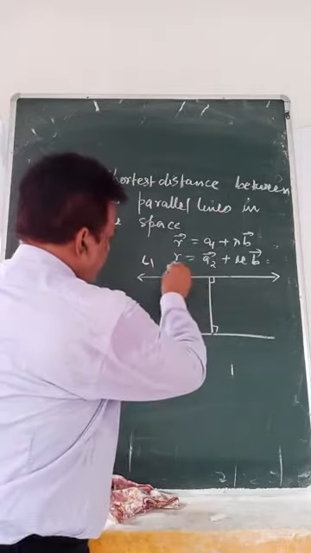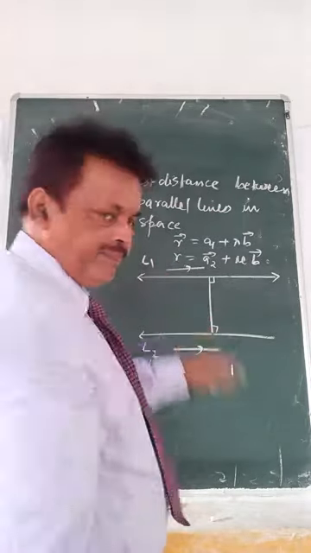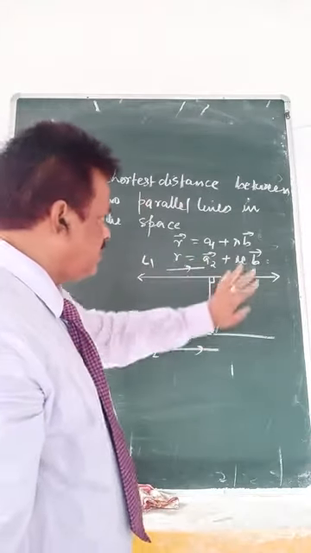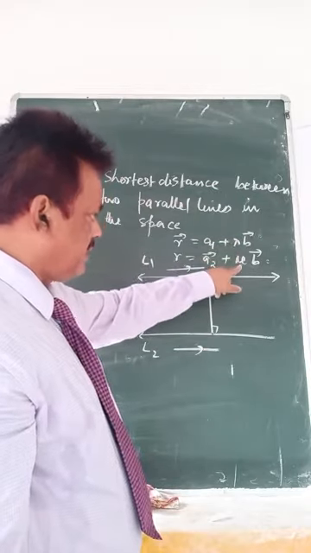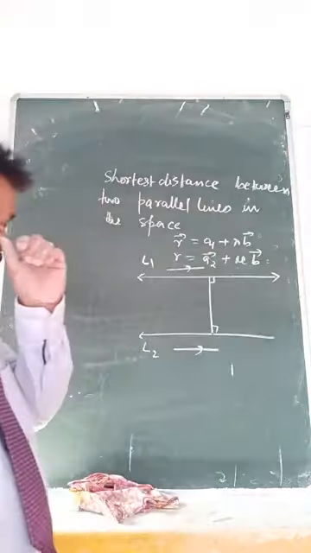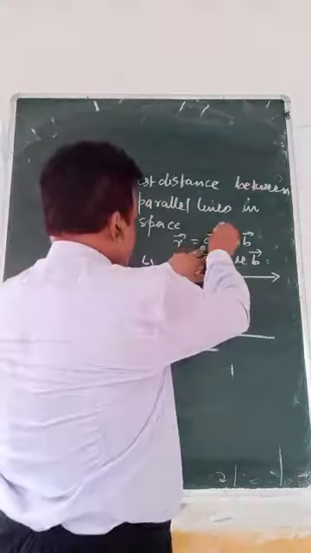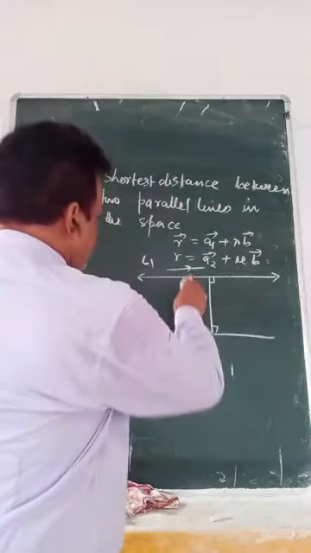The only difference is in the magnitude, but the direction will be the same. The magnitude is lambda and mu, but the vector will be B. So we are taking R equals A1 plus lambda B, A2 plus lambda B.